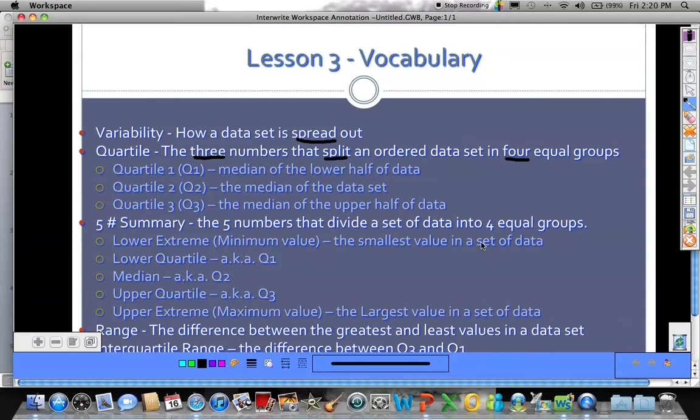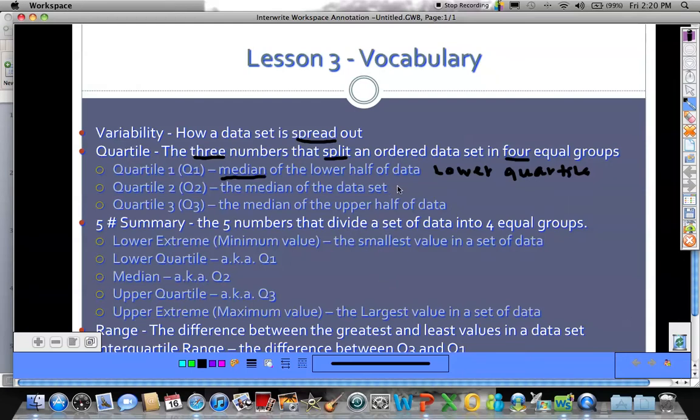All right, and we have three different quartiles. Quartile 1, which is also referred to as the lower quartile. The lower quartile, or Q1, is the median of the lower half of the data. And remember, you learned previously in lesson 2 that median is that middle number.